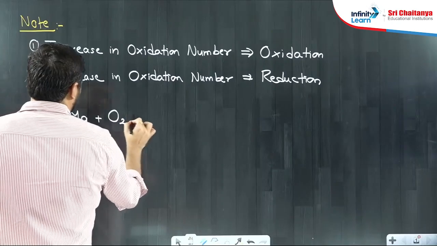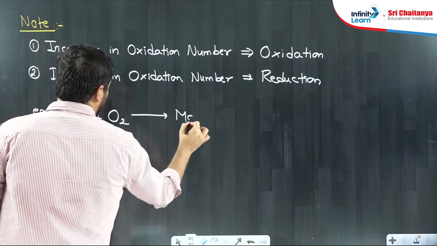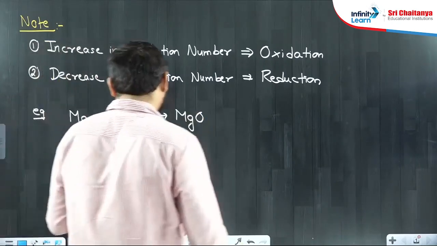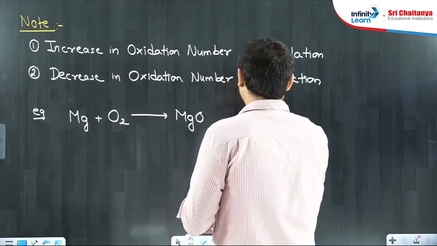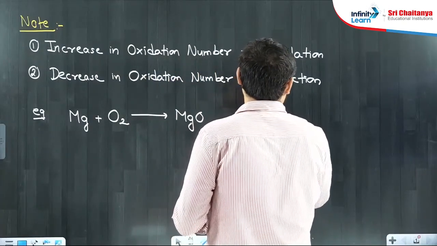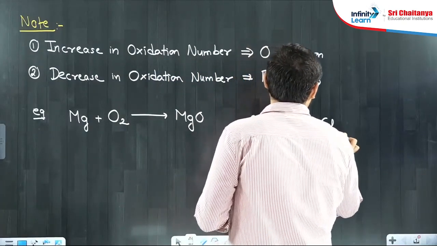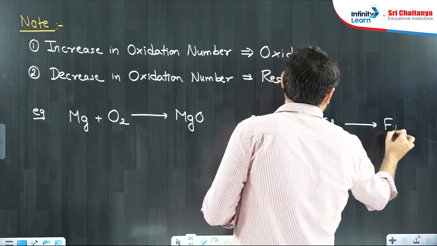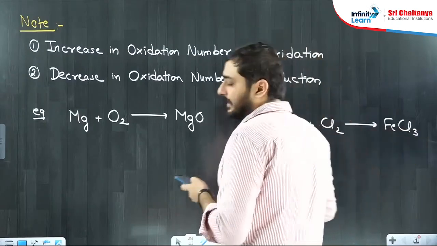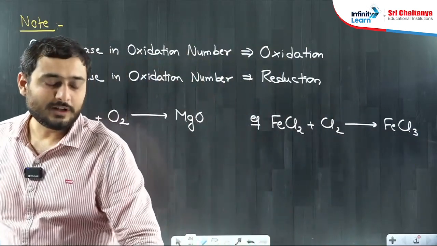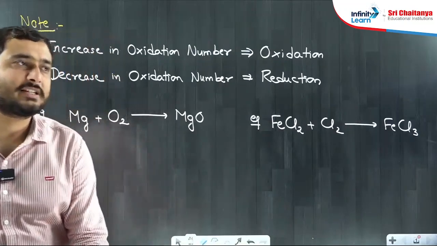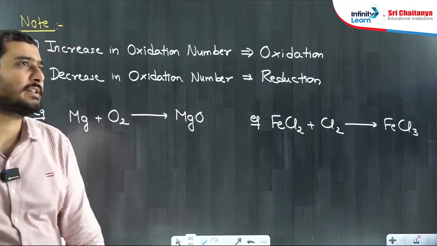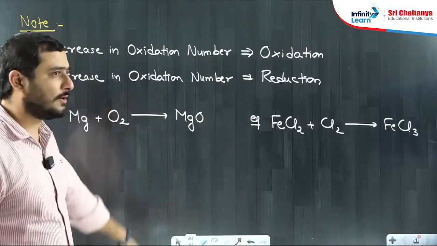Mg plus O2 gives MgO. Second example, FeCl2 plus Cl2 gives FeCl3. What we have to find out is which species is getting oxidized and which species is getting reduced.